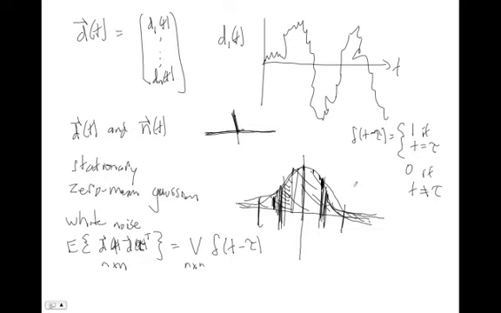So if we start looking at this, what we're saying is that this is a product of white noise. If I take a disturbance vector at any instant in time, and multiply it with another disturbance vector at any other instant in time, if those two instants aren't the same, then the expected value, which is the average value, is going to be 0.